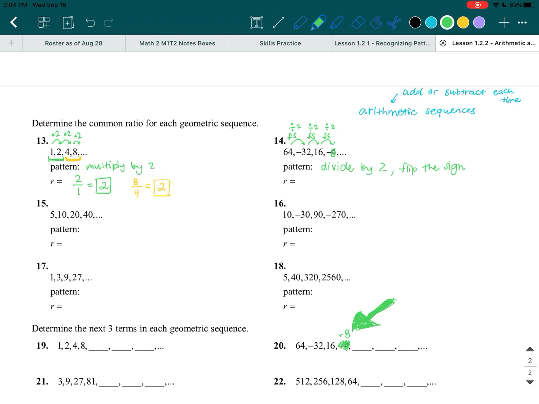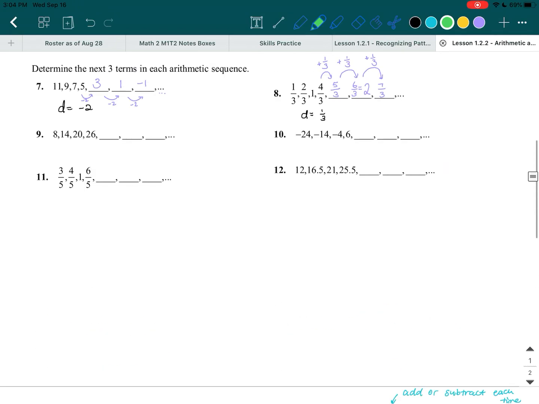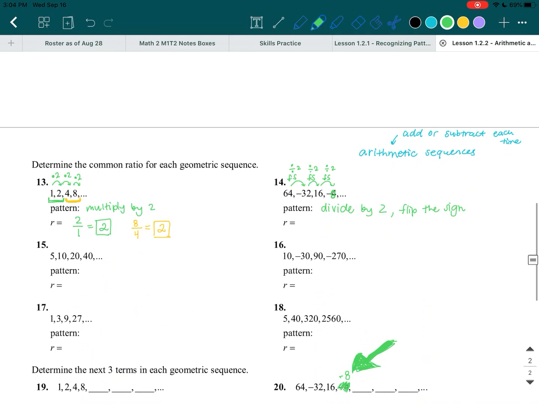Okay, and so how does that pattern appear in a common ratio? So we're about to figure that out. Let's choose two consecutive numbers. So I'm going to choose 64 and negative 32. So just like before, we're going to take the second number, divide it by the first number.